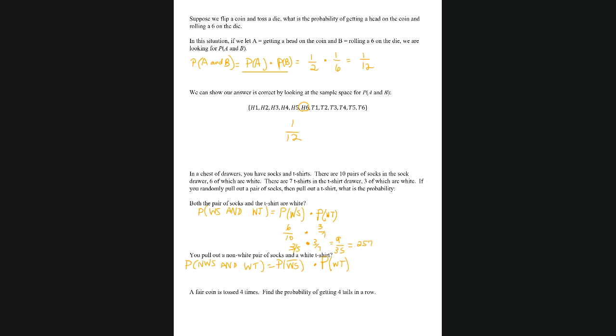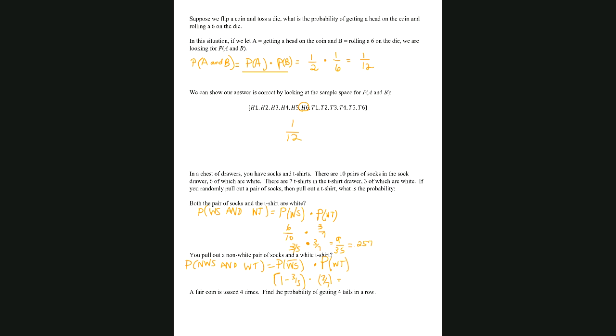So the complement is always 1 minus the probability that the event will occur. So in this case, 1 minus 3/5. I'm going to multiply that by 3/7, because pulling out a white t-shirt, the probability of that is still 3/7.